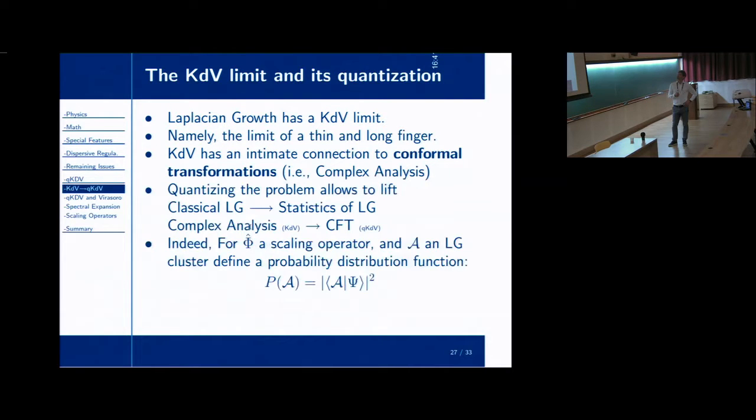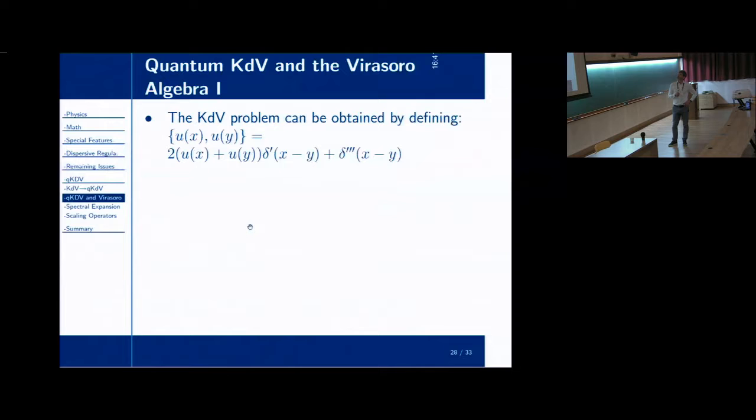And okay, so I've basically talked about that. Let me skip that. Okay, so let me explain how the KdV problem is related to conformal transformations. In order to write down the KdV equation, we have to pick Hamiltonians and pick a Poisson structure.